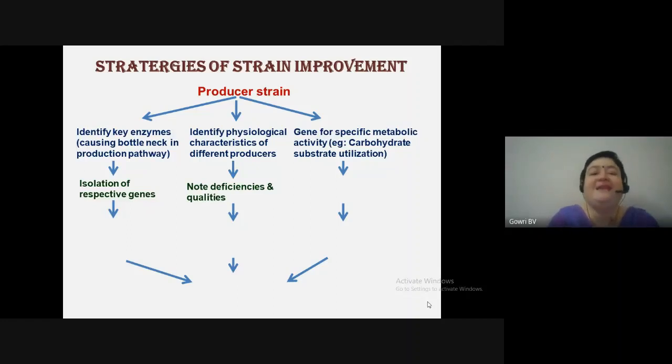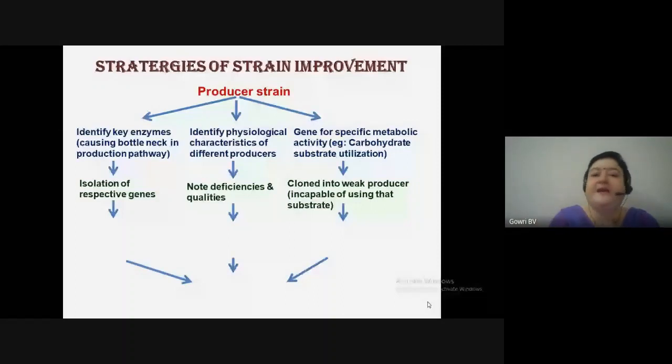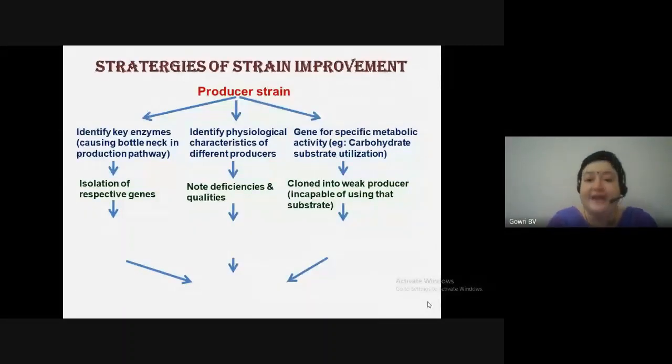So you will note the deficiencies and qualities required for its physiological characteristic, and it will be cloned in a weaker producer incapable of using that substrate. For example, insulin is produced using Escherichia coli. E. coli nowhere produces insulin naturally. It is because of gene cloning. Even though it is not a producer, you're cloning it inside an Escherichia coli cell to produce an end product.